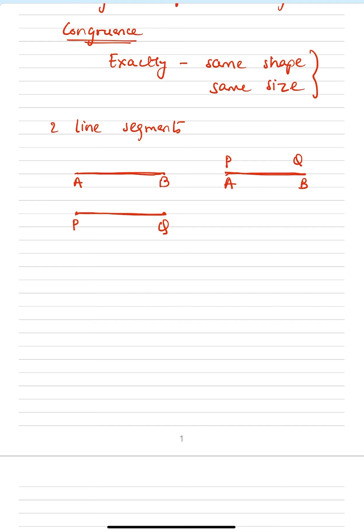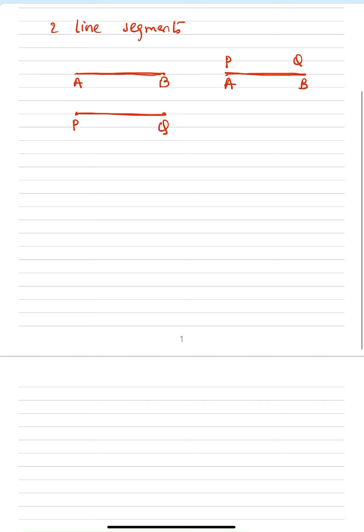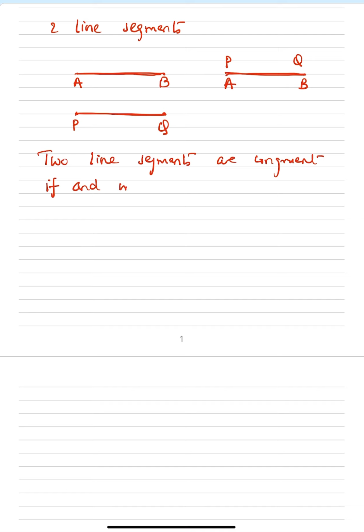The meaning of this is that two line segments are congruent if and only if their lengths are equal, because line segments are always measured by length.